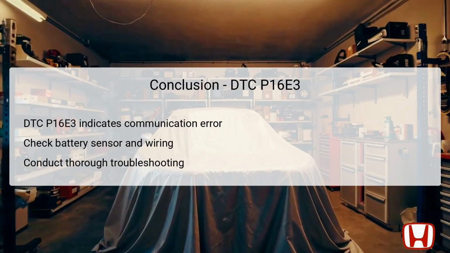In conclusion, DTC P16E3 signifies a LIN communication error linked to the battery sensor within the Honda Fit's PGM-FI system. Accurate troubleshooting is imperative for identifying the root cause of the problem, which may involve various steps, including checks of battery connections, wiring integrity, and component functionality.